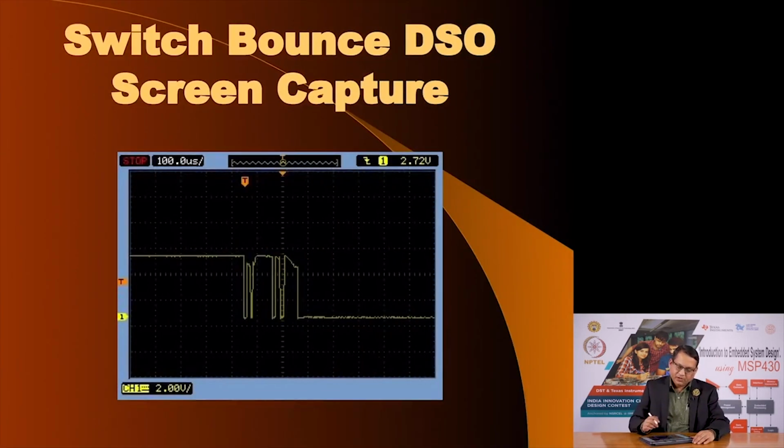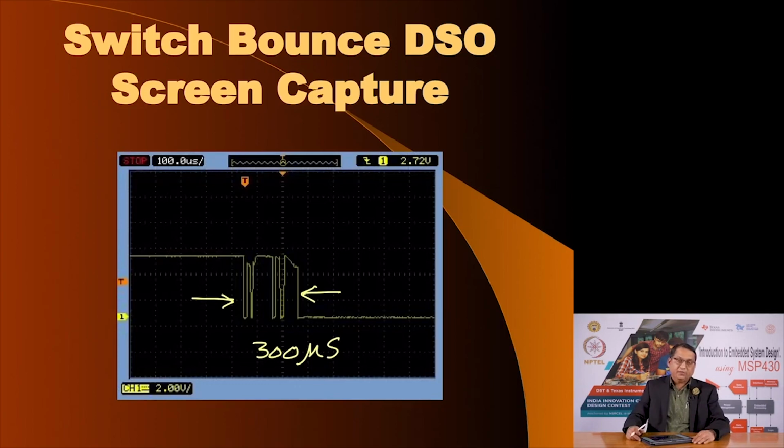And so, here is a physical capture on a digital storage oscilloscope with the same pull up resistor, and you see 100 microseconds, roughly 1, 2, 3. This is roughly, I would say, about 300 microsecond duration.